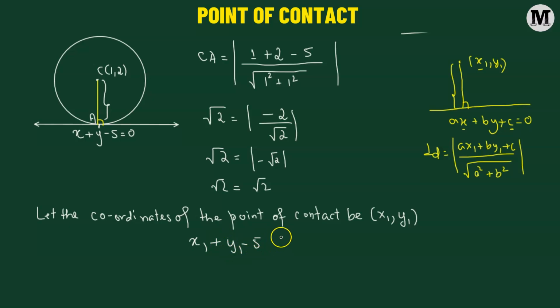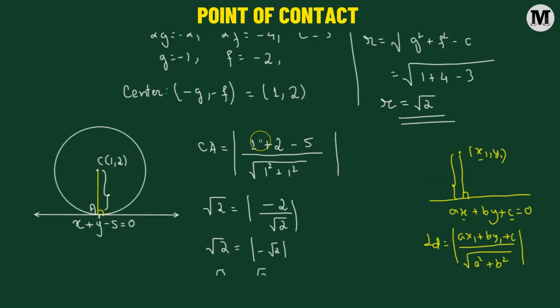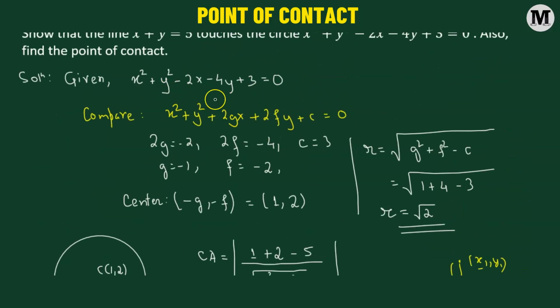So we get x1 plus y1 minus 5 equals 0. If we isolate y1, it will be equal to 5 minus x1. We'll keep this aside. Now this point x1, y1 is also going to satisfy the equation of the circle. So in the equation of the circle, we replace x with x1 and y with y1. So let's do that.